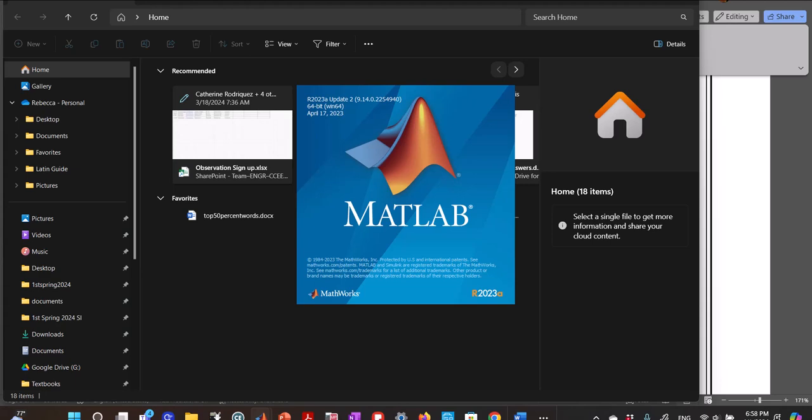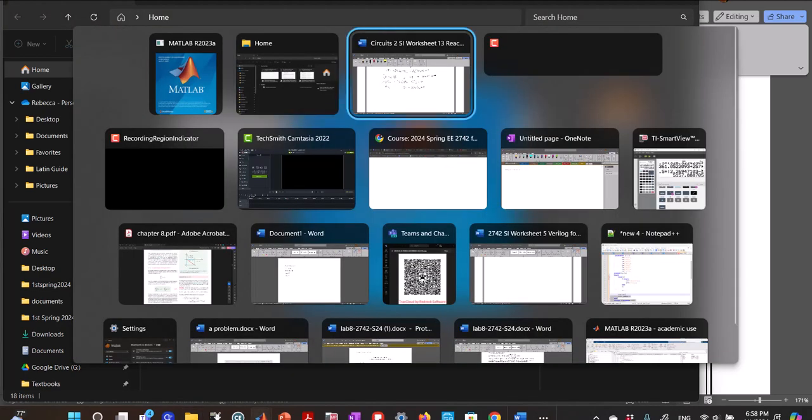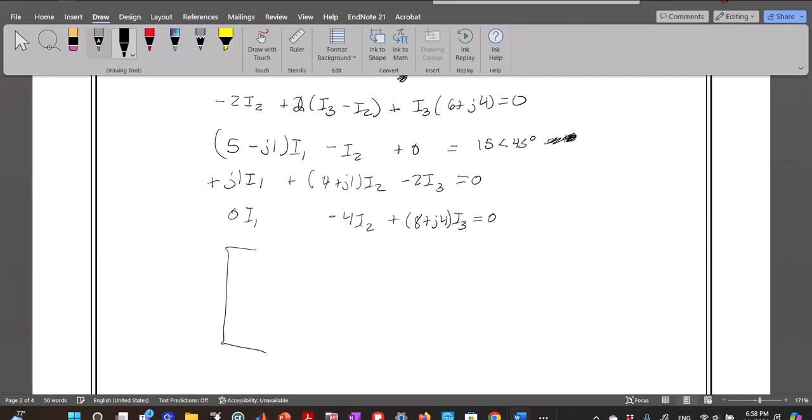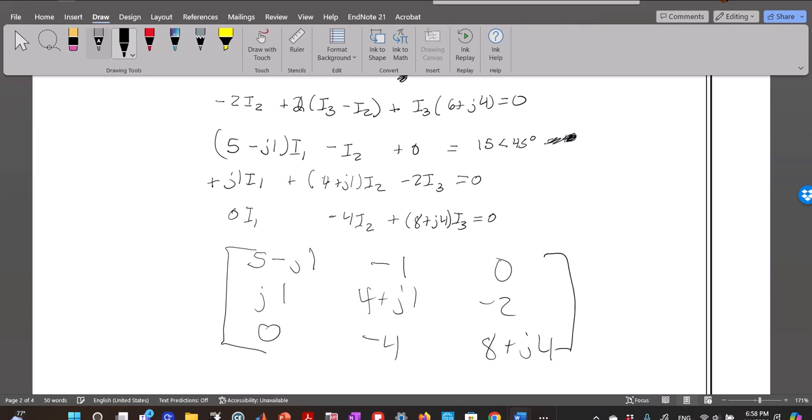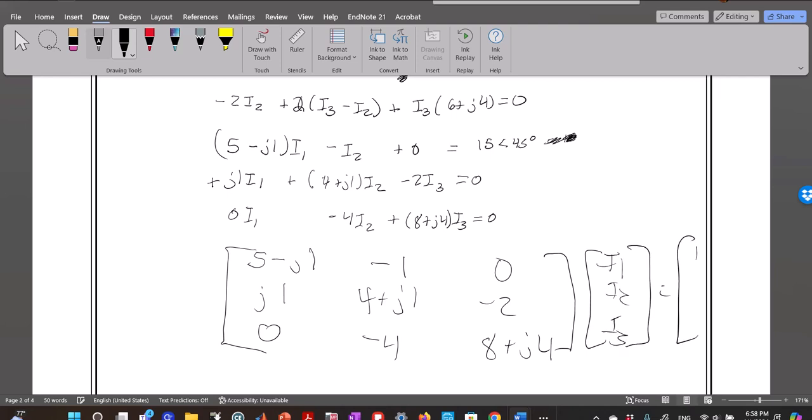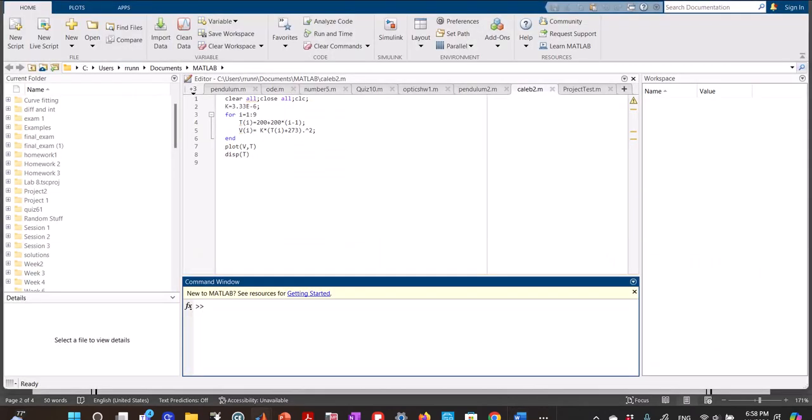So I think the easiest way to do this in MATLAB is if we think of this as a matrix like that, then if I take the inverse of this matrix times the column vector on the other side, then I'll get I1, I2, I3.